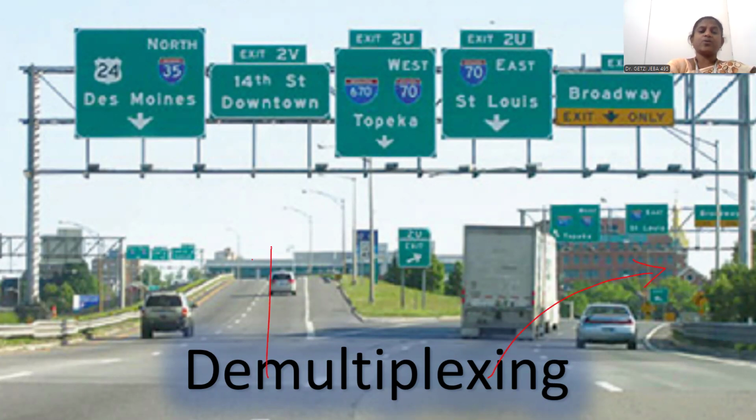If suppose I want to go to Bangalore, I should go this way, right? So how do you know that? The name boards indicate that for Chennai you have to go this way, and for Bangalore you have to go this way, right? So similarly, when your data comes to the transport layer, it exactly identifies to which application the message has to go, and it reroutes.